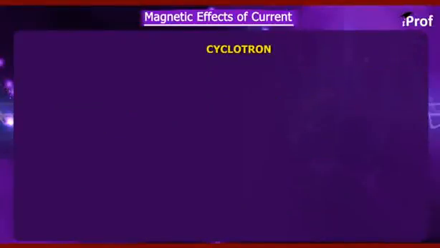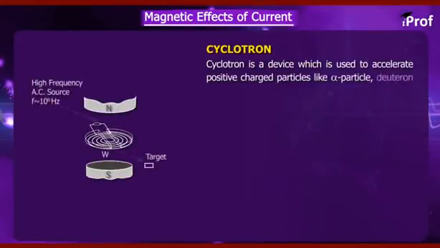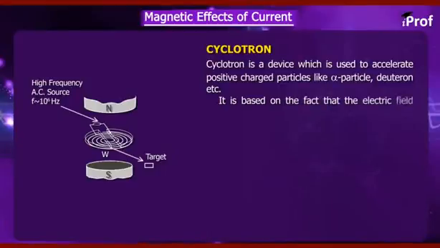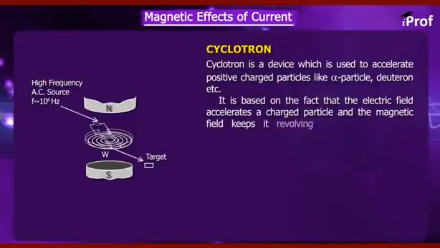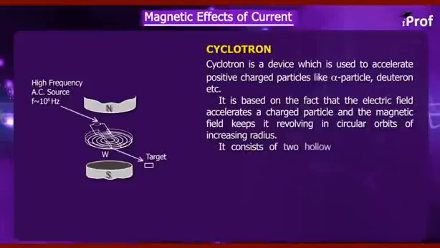Now let's see the cyclotron. A cyclotron is a device which is used to accelerate positively charged particles like alpha particles, deuterons, etc. It is based on the fact that the electric field accelerates a charged particle and the magnetic field keeps it revolving in a circular orbit of increasing radius.